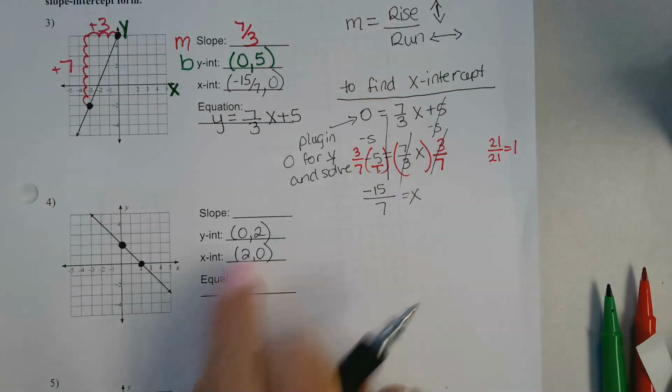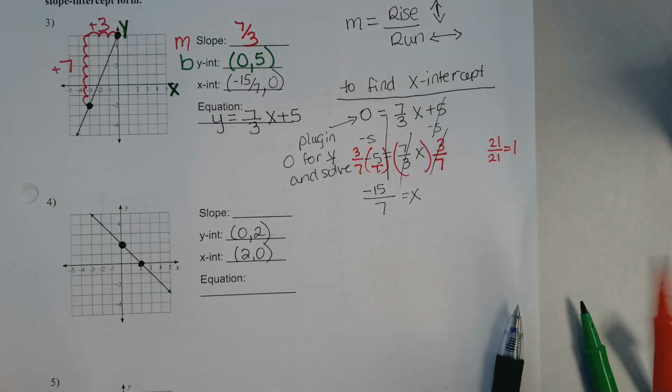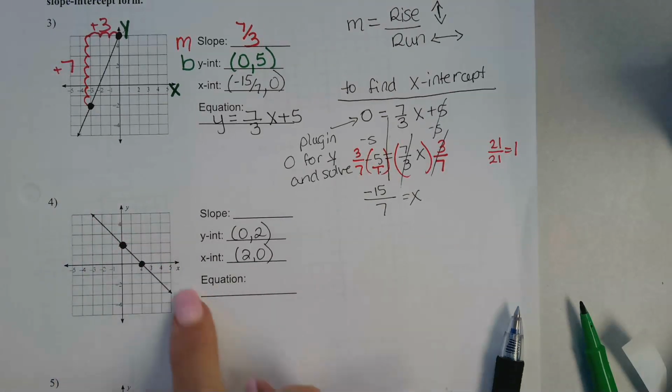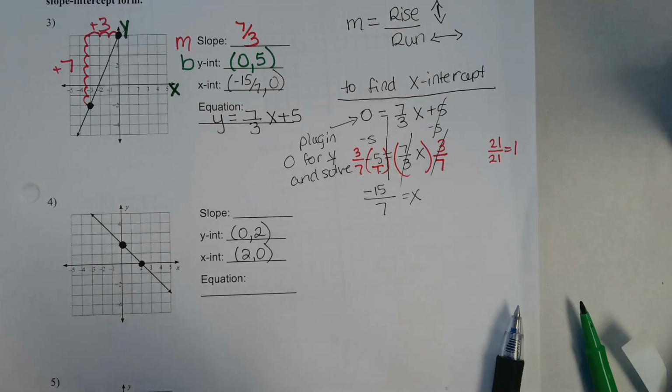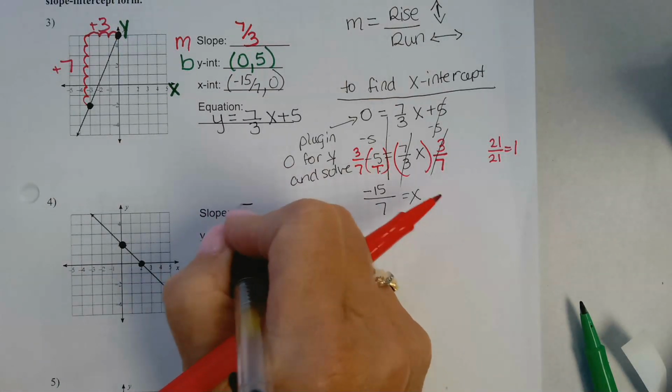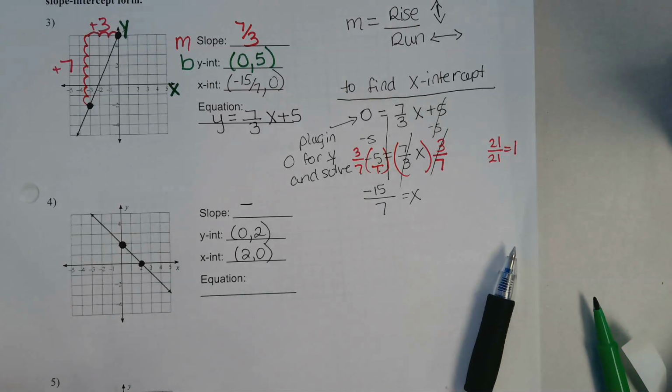I got it exactly. But I do need to count my rise over my run, and I want you to notice that this slope is going down. So automatically you should identify that this is going to be a negative slope right here, because we're going from left to right, we're going down.